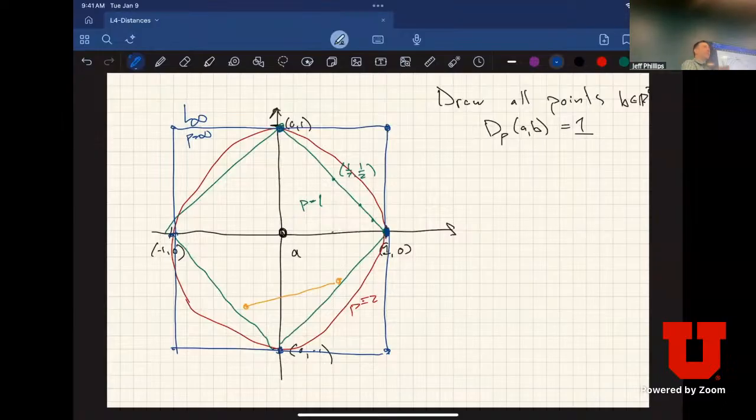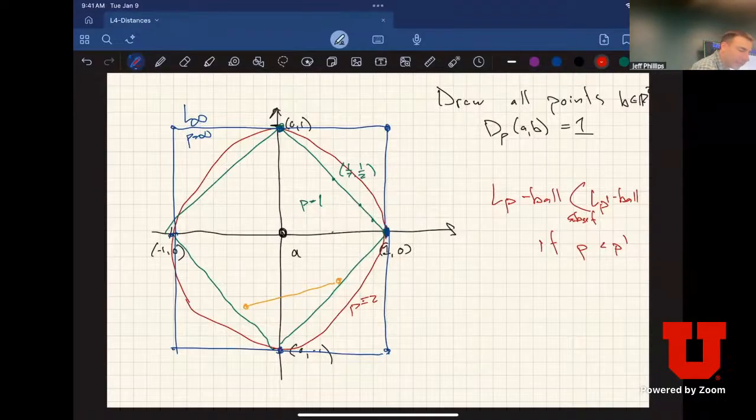The LP ball will be a subset of the LP prime ball if P is less than P prime. Okay, it'll be less than or equal, in fact. Subset or equal. Okay, so it'll be inside.